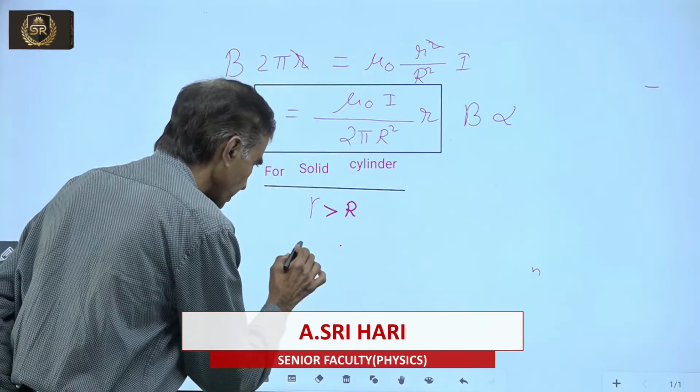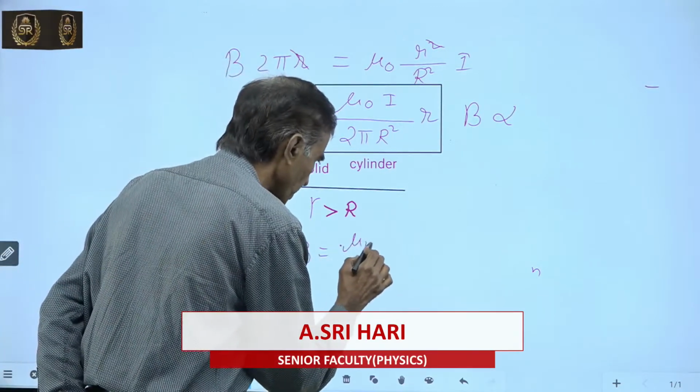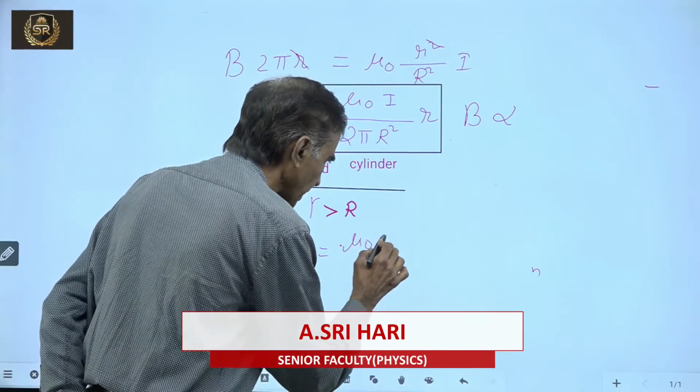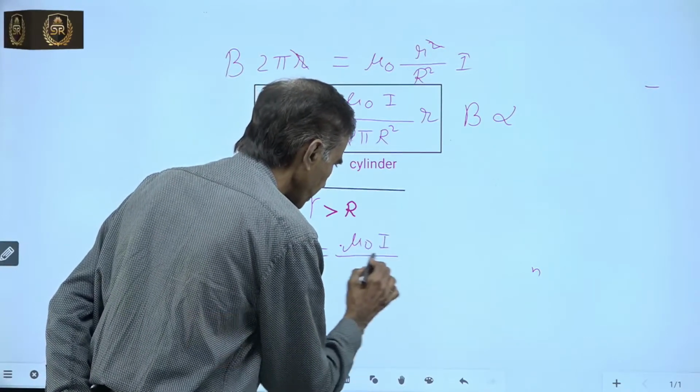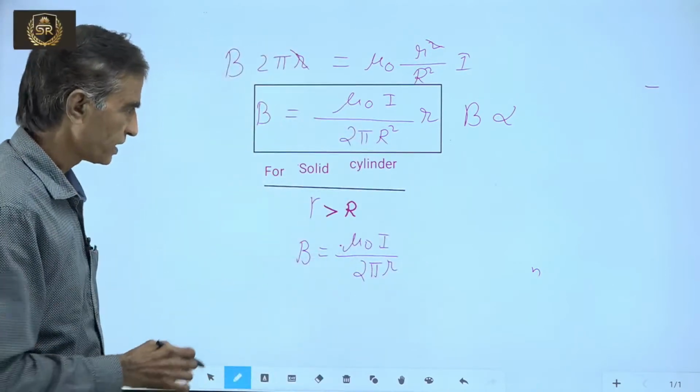Outside, B is equal to mu naught I divided by 2 pi r. This is our first result.